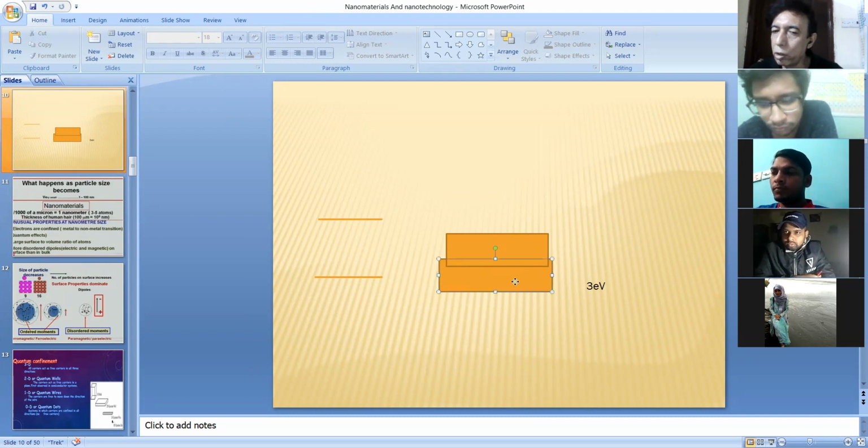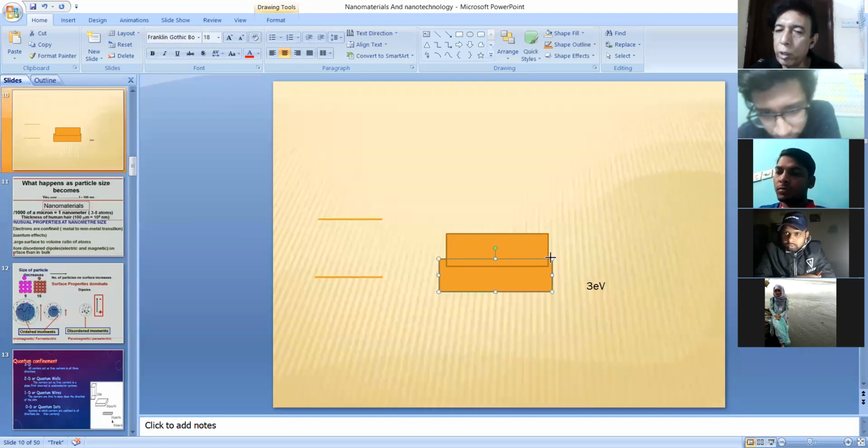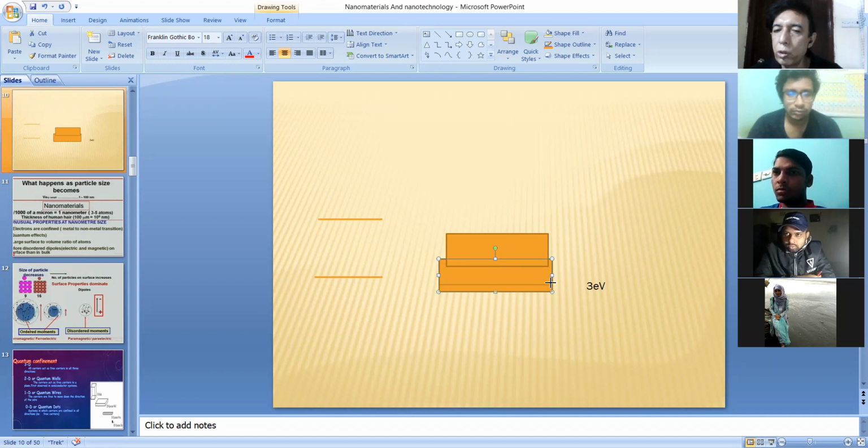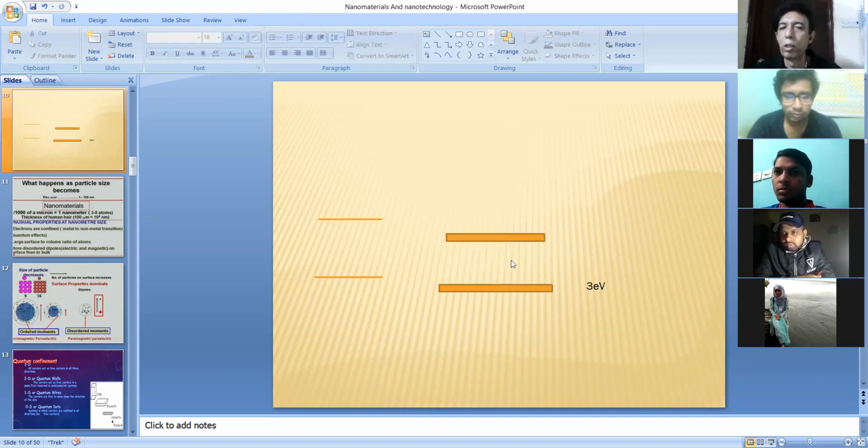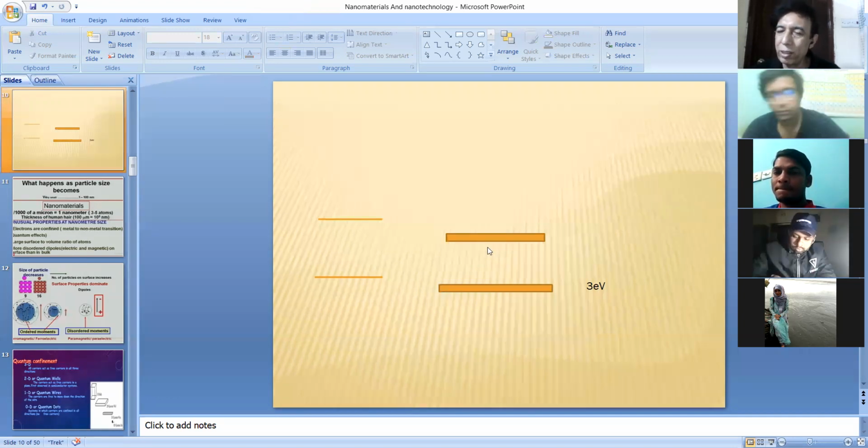In the nanoscale, the bandwidth is reduced here, and the band is reduced here. So you are getting a band gap. The metallic property will not be there.